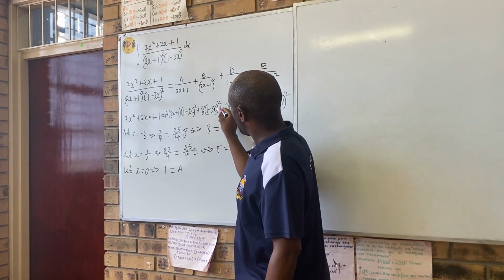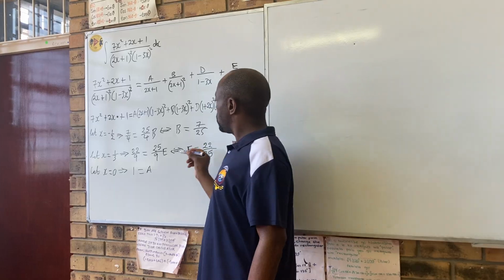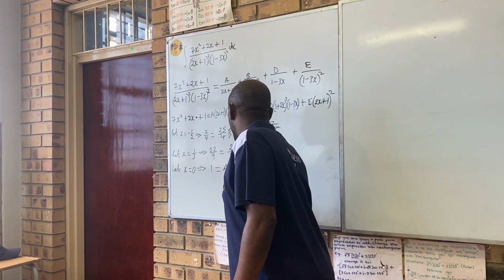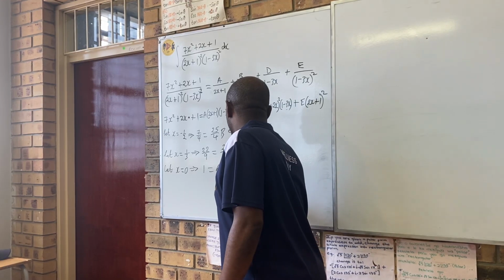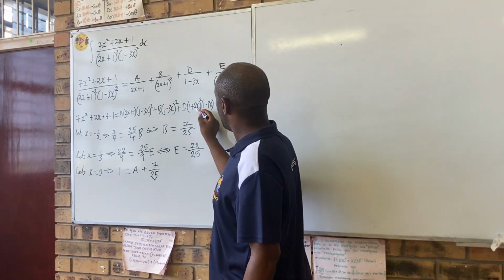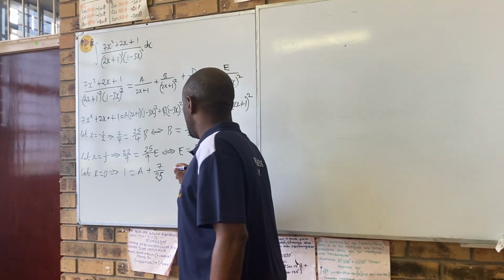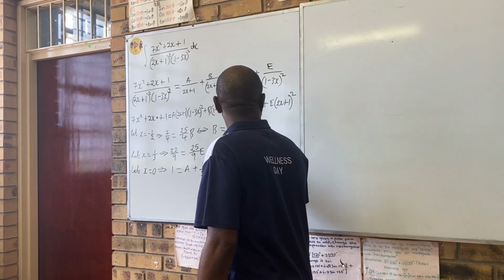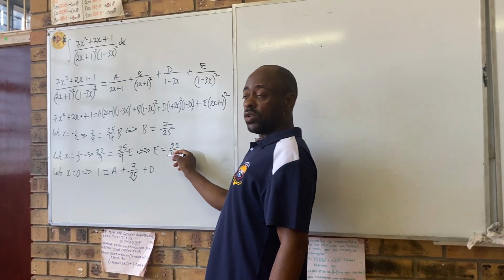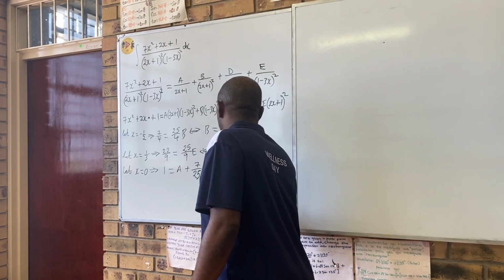If you put 0 here, we're left with b. But you see, b is calculated already. So in the place of b, I'm putting 7/25. If I put 0 here and here, I'm left with 1 times 1, then times d is d. Then if I put 0 here, I'm left with 1 times e is equal to e. And our e is 22/25.